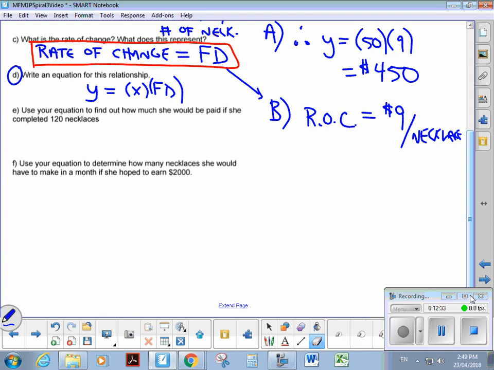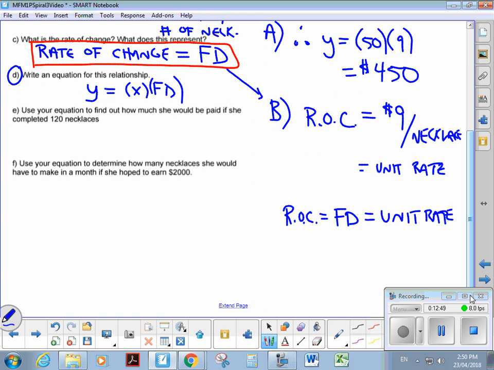So pretty cool how everything comes full circle for us in this course. That would mean that rate of change equals first difference equals unit rate. Those three terms mean the exact same thing. It's just a different way of saying the exact same thing over and over again. Okay, so let's finish this up.